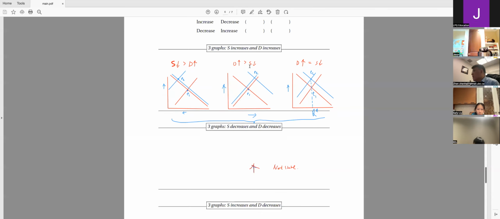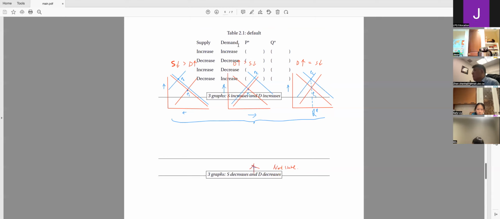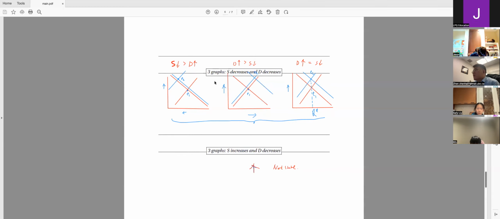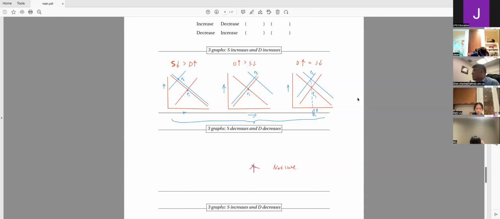Did I show you guys how I drew the first group? Yes or no? Did I show you guys how I did the first group here, the first 3 graphs?